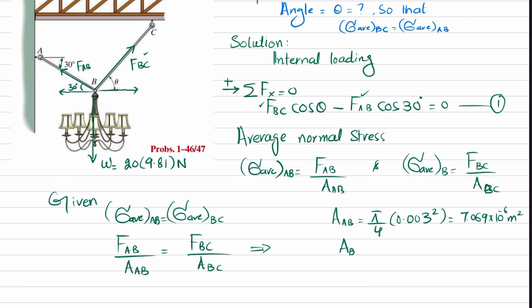Similarly, area of BC is equal to pi by 4 d squared, and d is 0.004 squared. When you solve it, it will be 12.56 into 10 raised to the power minus 6 square meter.